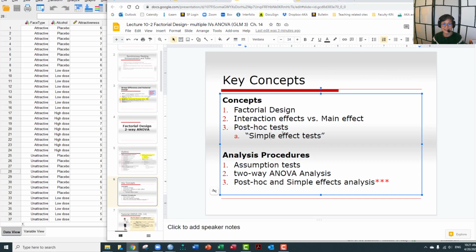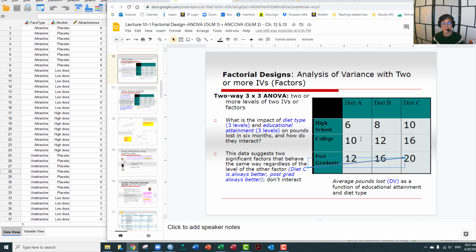Post hoc test. I'm going to go back to the previous slide, the week before this lesson. Post hoc tests will tell us differences only for main effects: differences between diet types, 3 types, differences among more than 2, and high school, the educational level differences.